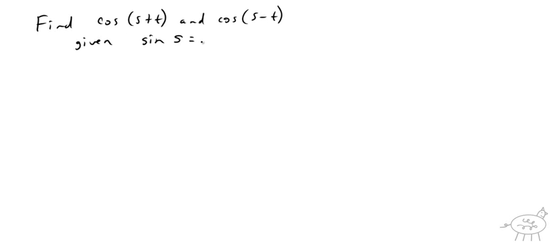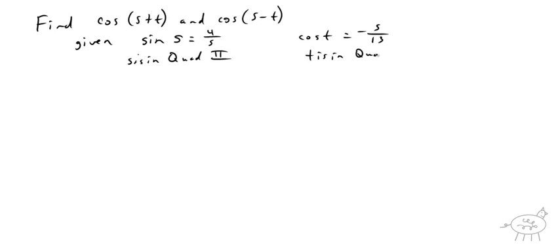Sine of S is equal to 4/5, and S is in quadrant 2, and also cosine of T is equal to -5 over 13, and T is in quadrant 3.